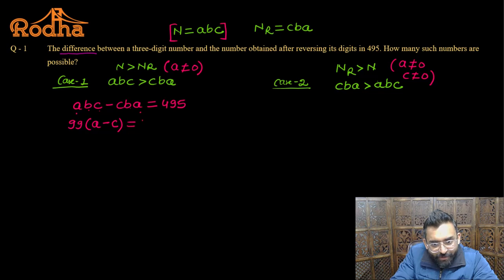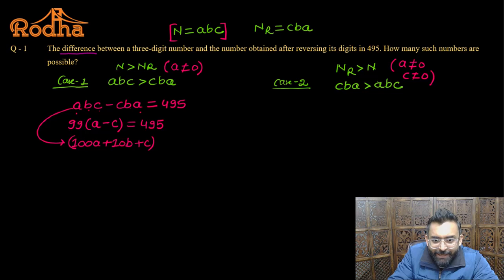This is going to be 495. Let me quickly review what I have just done. If I write it here, there is 100A plus 10B plus C and minus 100C plus 10B plus A. So if you subtract this, this is the result you are going to get.